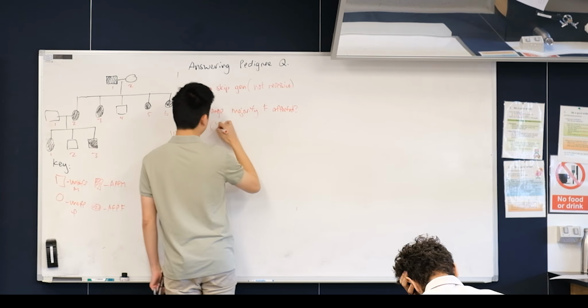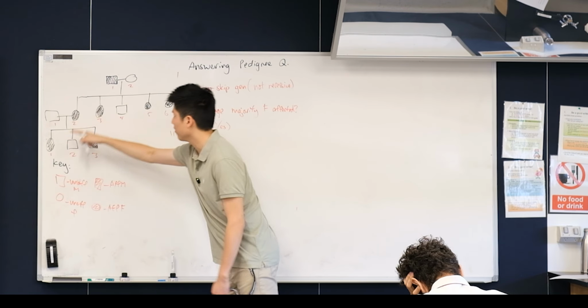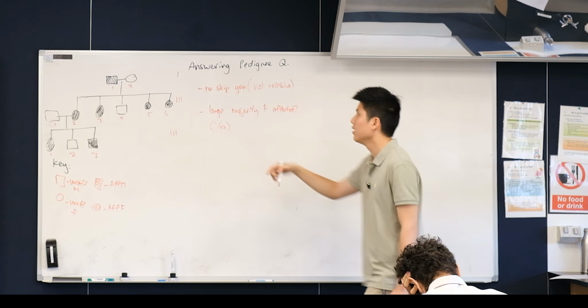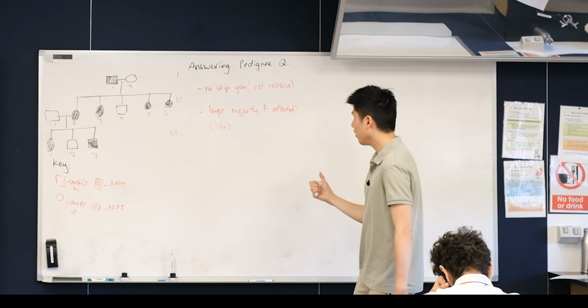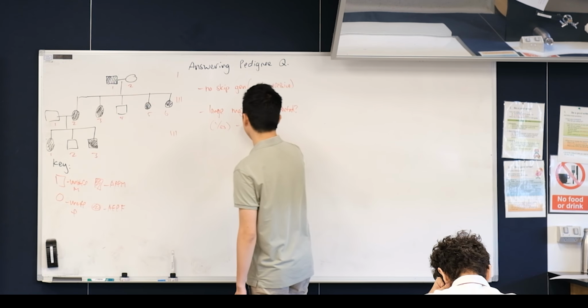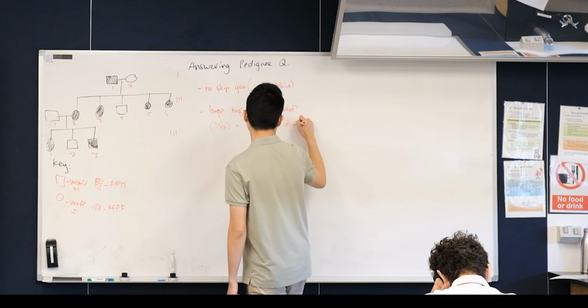And in this case, it's yes, because I have 1, 2, 3, 4, 5 out of the 6 people in my offspring that are affected by this disease. Therefore, I'm going to say it's probably a sex-linked dominant trait.